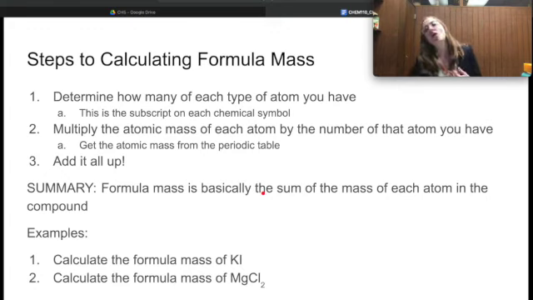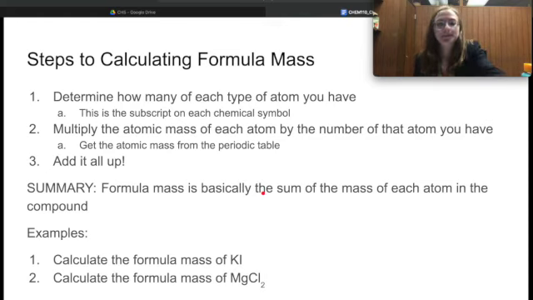And then you add all of those up once you have done it for each of the individual elements. So in the end, formula mass is basically the sum of the mass of each atom in the compound. So I'm going to find the mass of each atom and sum them up to get my formula mass. So I have 2 examples here to work through.